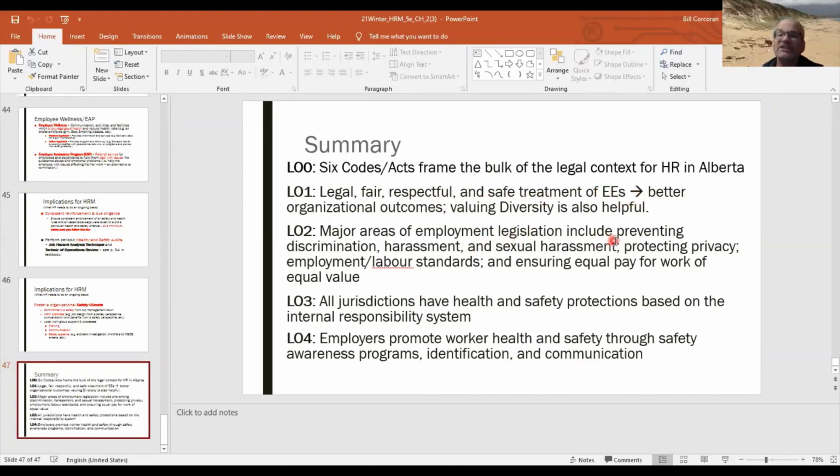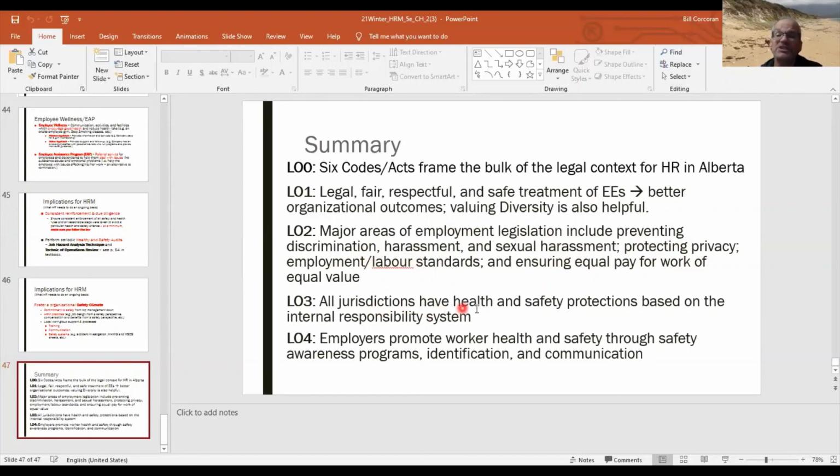Major areas of employment legislation, again, discrimination with the human rights is really important. Privacy is important. Union management and employment standards, and equal pay for equal work. So work of equal value, the whole idea of pay equity as well there, okay?